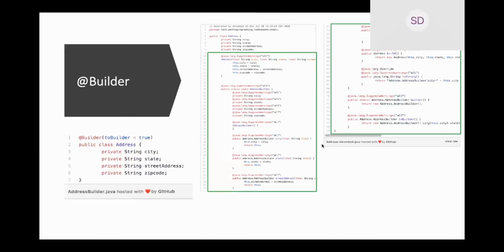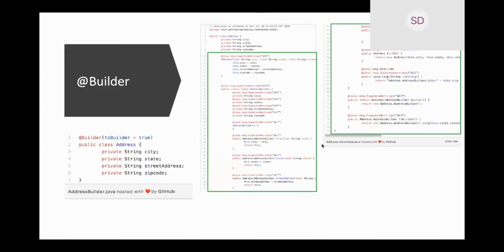The code's also a lot cleaner, so you're not scrolling through so much code trying to find something that's not a getter or setter. It'll stand out. If you have any custom methods, you'll see them right away.